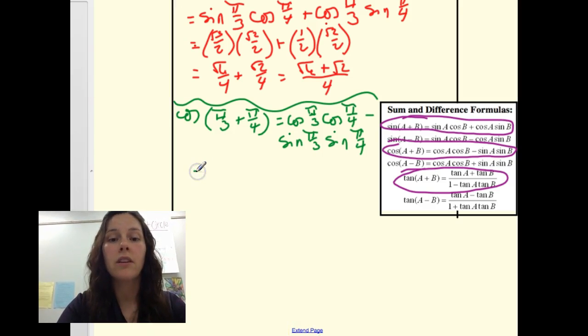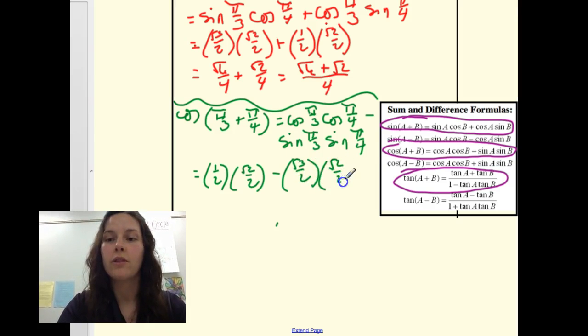Substituting the values we already figured out on the last one, cosine of pi over 3 is 1/2. Cosine of pi over 4 is root 2 over 2. This time we're subtracting. Sine of pi over 3 is root 3 over 2. And sine of pi over 4 is root 2 over 2.